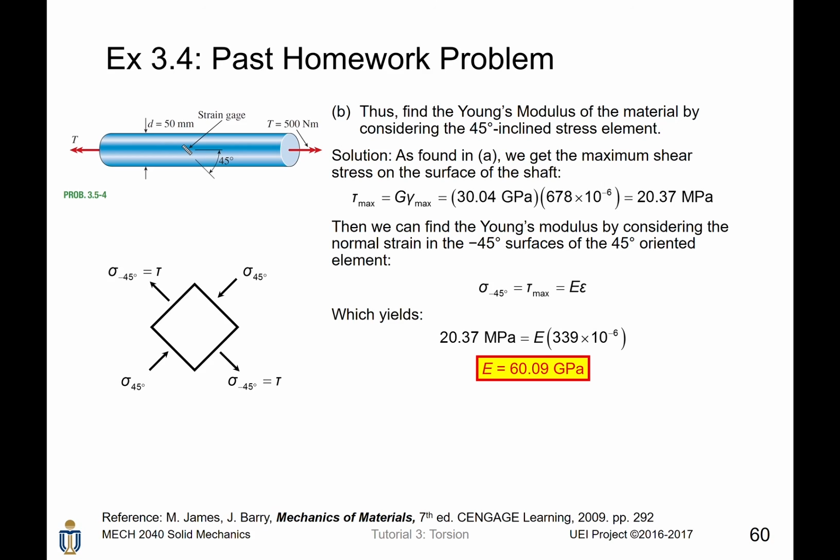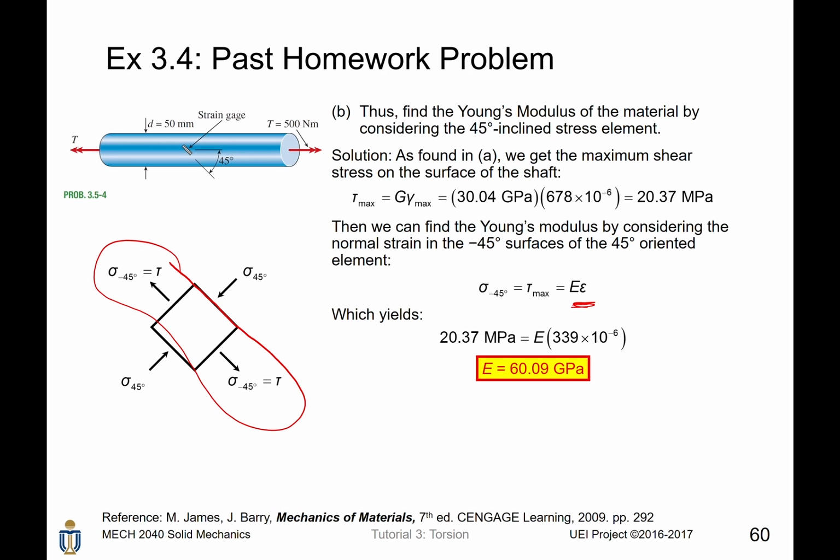For the 45-degree inclined element, the maximum tensile stress acting on this is just the maximum shear stress, but you know it is just E times epsilon, E times the axial strain. By substituting the values into it, you can find the Young's modulus of the material is 60.09 gigapascals.